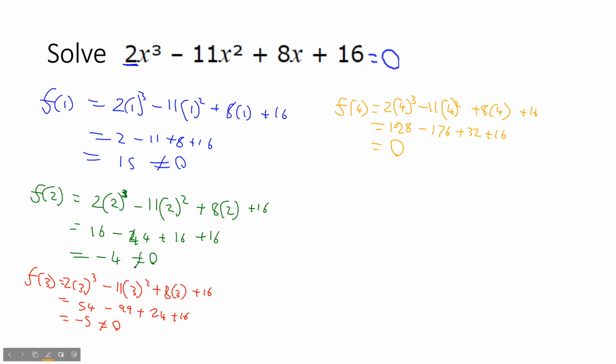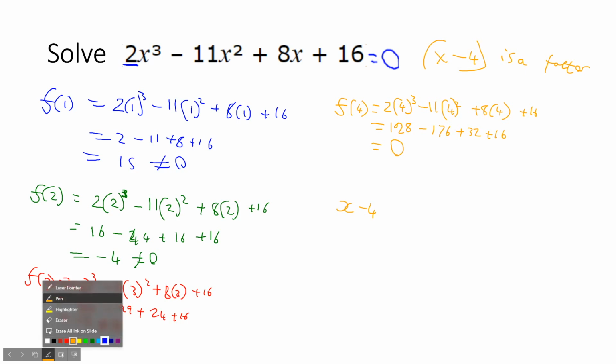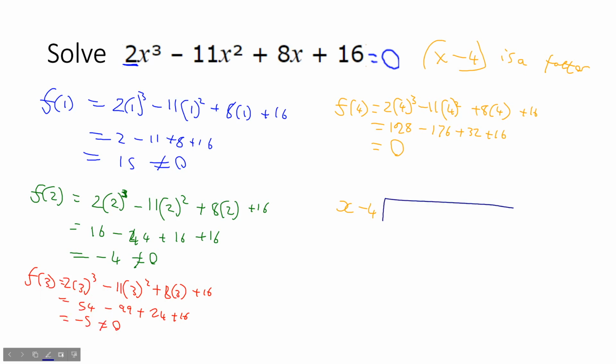Okay, fourth time's the charm. And so therefore we know that x minus 4 is a factor. So now let's divide the polynomial by x minus 4. So x minus 4, and we need to divide that from 2x cubed minus 11x squared plus 8x plus 16.